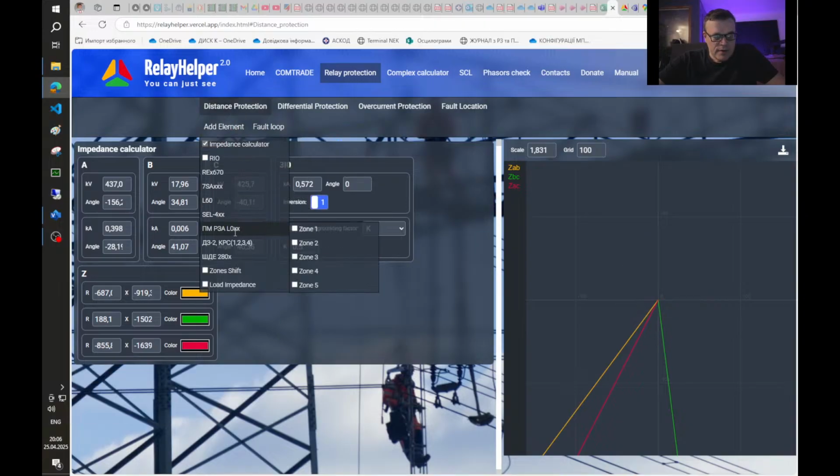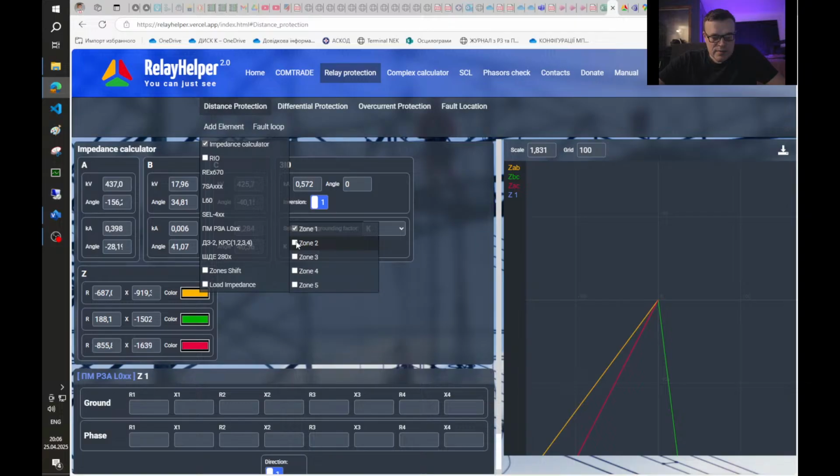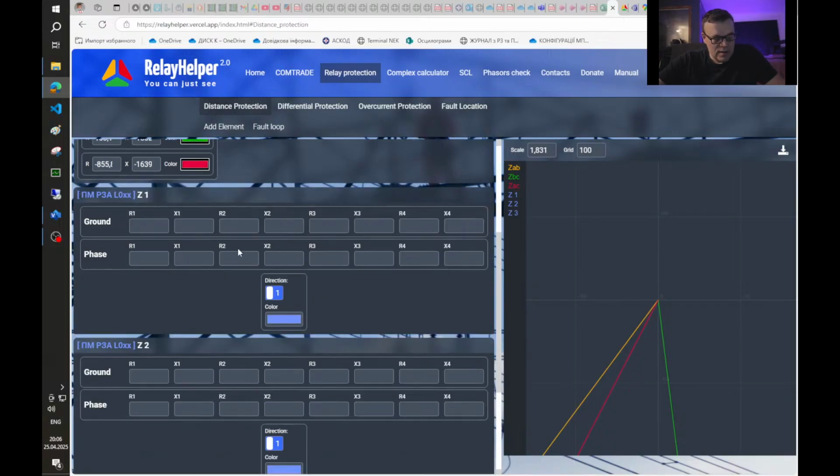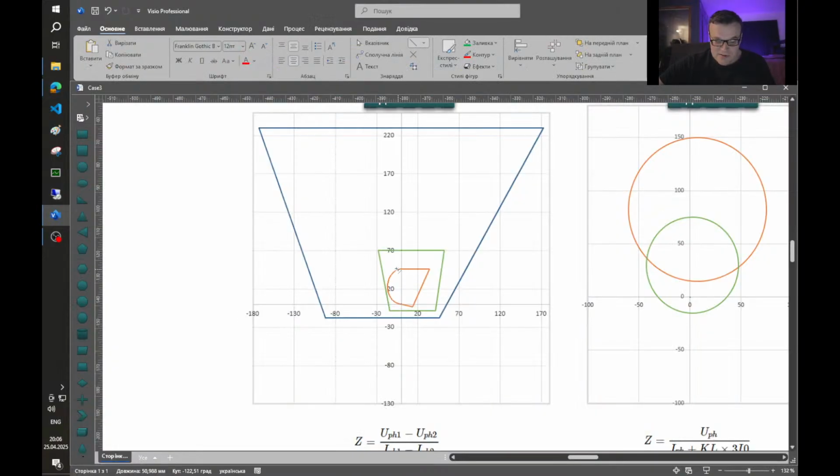We have a Ukrainian protection that can be set by points, and the first stage I insert approximately because it's difficult to make this one a half of the circle.